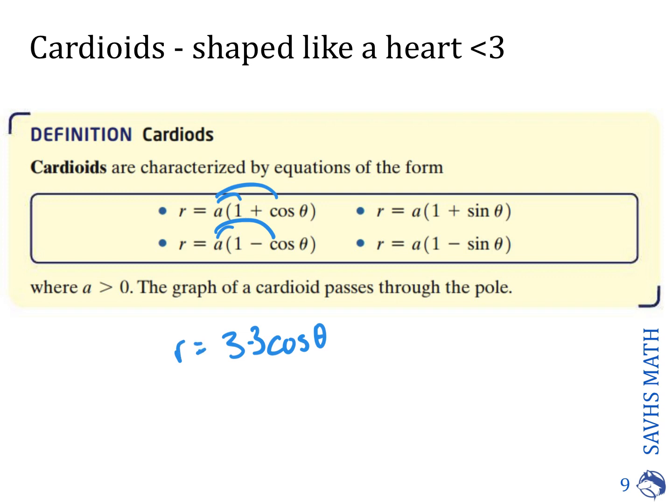So the a is just like a scale factor: the bigger the a, the further away from 0. A cardioid will always pass through the pole, and when it says the pole, that just means the origin, the point (0, 0) in rectangular. They call it the pole because it refers to polar coordinates as the reference point.